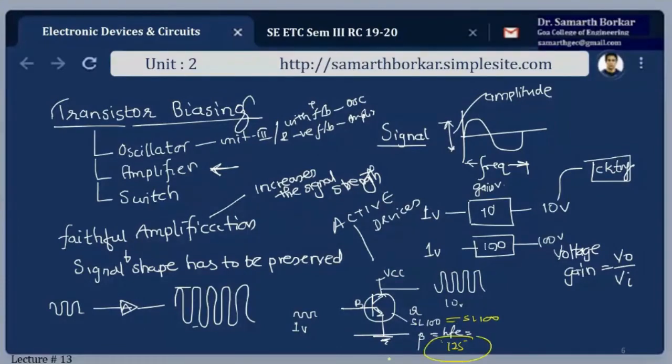This beta value you do not get the same, because this value of beta, the gain, depends upon the thickness of the base, which is 6 micrometer, something like this, very small. And so far this technology has not been developed to keep this value a constant. Even a small minute variation in the physical dimension can have a big difference in the value of beta. So if I change the transistor, my output is going to get changed.